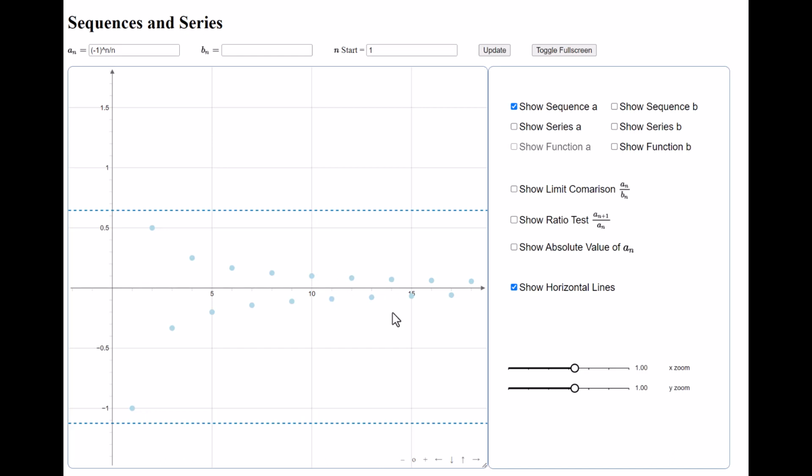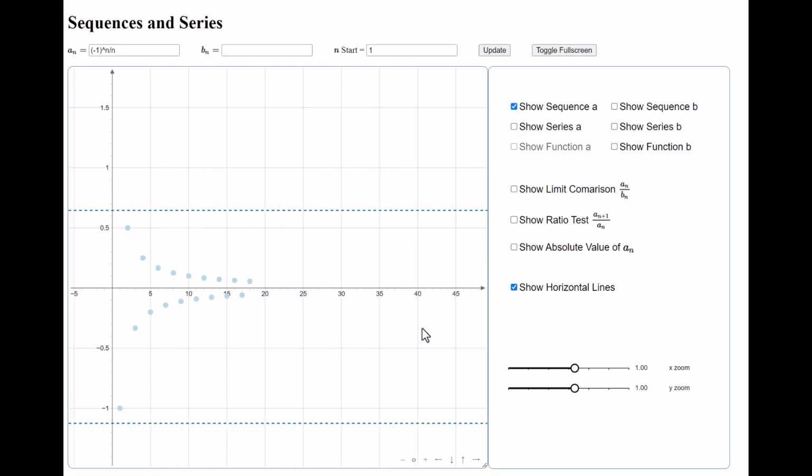But the difference here is that even though this is oscillating, it's not monotone, but the values are actually converging. We can see these points getting closer and closer to 0 if we zoom out a bit.